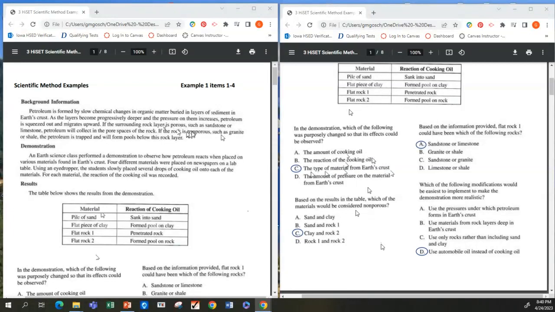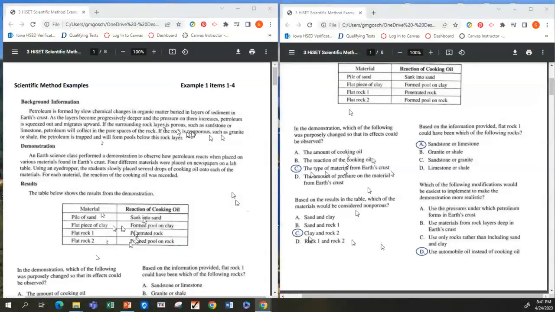So we're looking for something that could have been non-porous. Collecting would have meant that it penetrated or sank into it. So clay and rock, we're looking for non-porous. Non-porous was trapped and will form pools. So it doesn't absorb. So it would be the piece of clay, which formed a pool on it, and flat rock 2, which formed a pool on the rock. So that's how we came up with clay and rock 2.